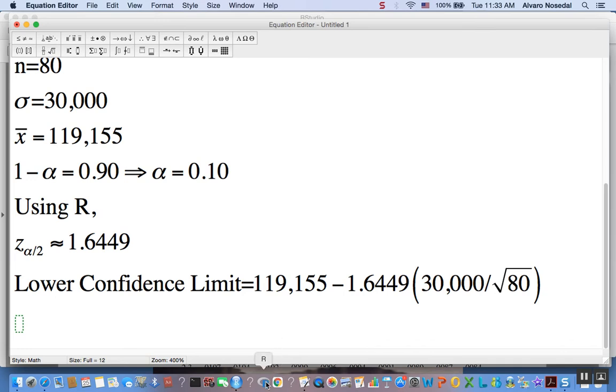Okay. So we might as well find it using R. Let me see.